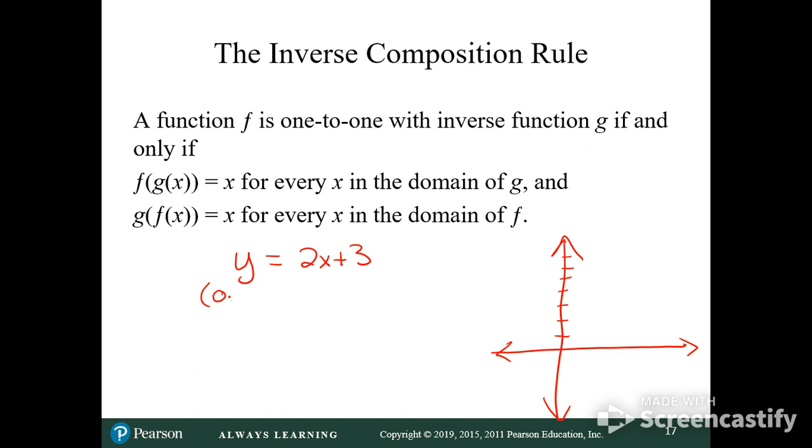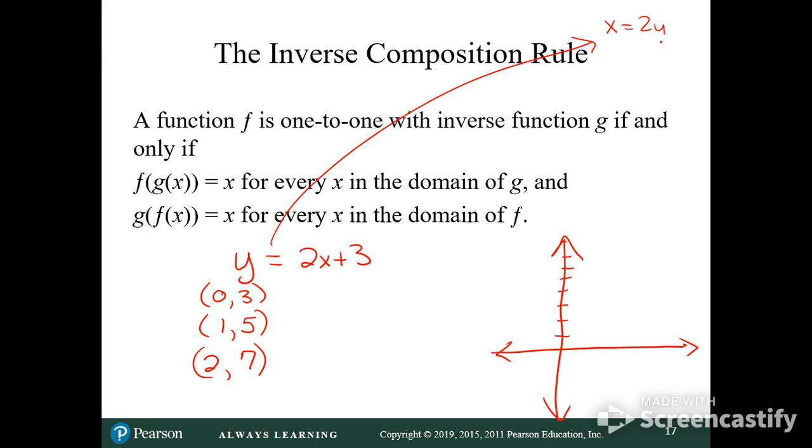Well, I have the point 0, 3, right? And the point 1, 1 what? If we stick a 1 in here, we get 5, and 2, 7. Okay?